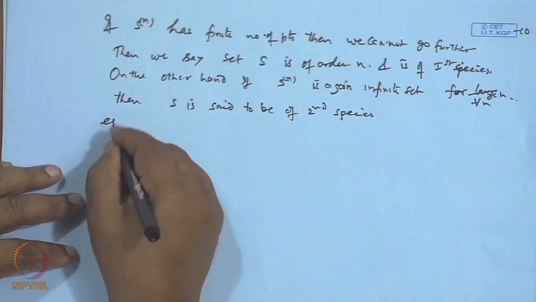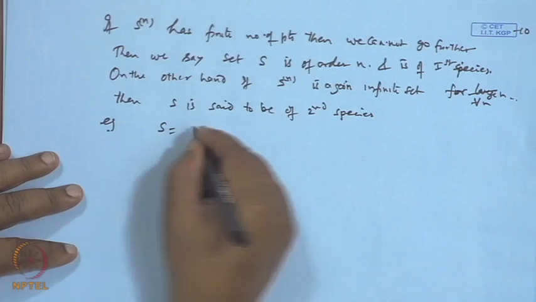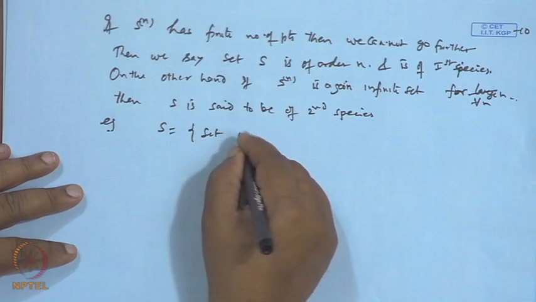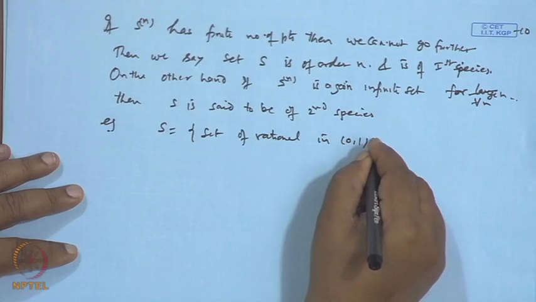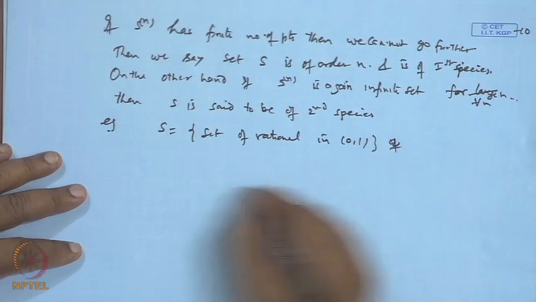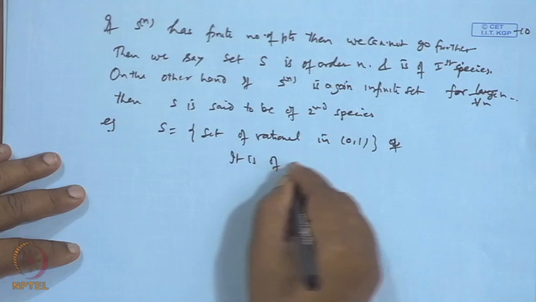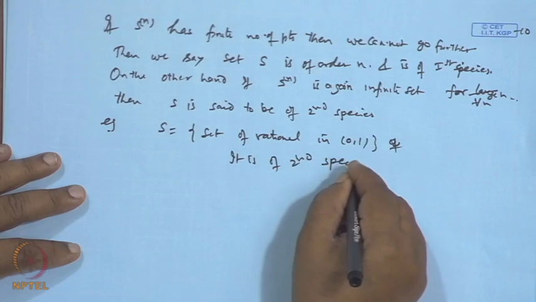For example, the set of rational numbers in the interval 0 1 is of second species. Why?